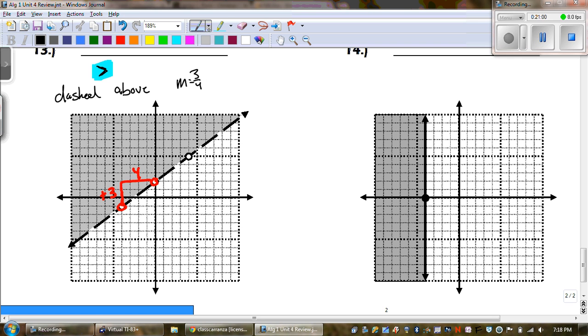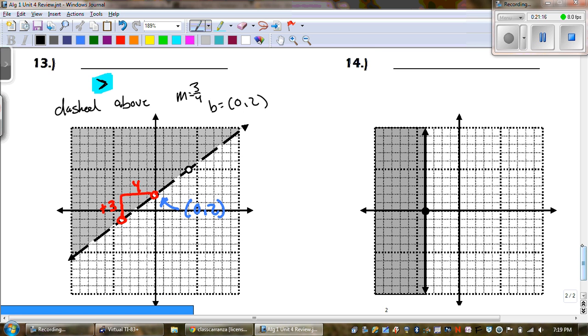Okay, the next thing I want to know is my y-intercept. My y-intercept is 0, 2. Okay, so the b equals 2. It's a diagonal line, so there's going to be a y and an x. So we get y is greater than 3/4 x plus 2. Okay.